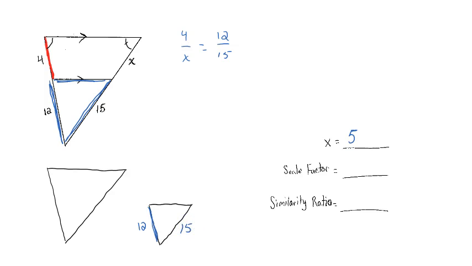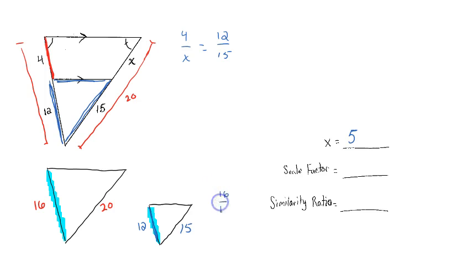In the big triangle, though, your side length, this whole thing, isn't 4. It's 12 plus 4. It's 16. And then this big side length isn't x or isn't 15. It's x plus 15. Since x is 5, we now know that's 20. So I know that's 16, and this is 20. So when I'm finding my similarity ratio, I have to compare corresponding sides. 16 and 12 would be one option.